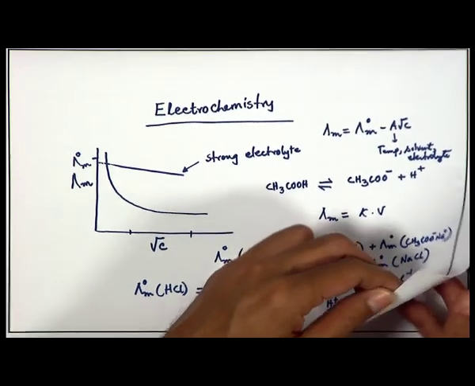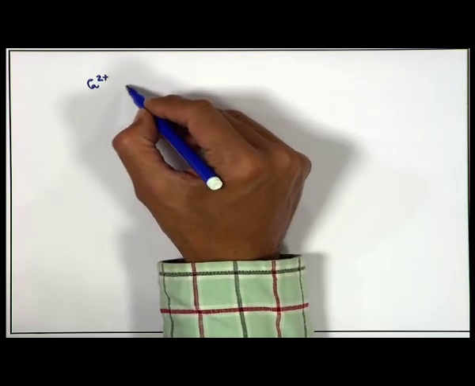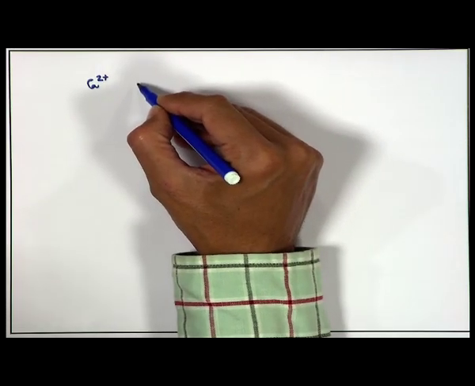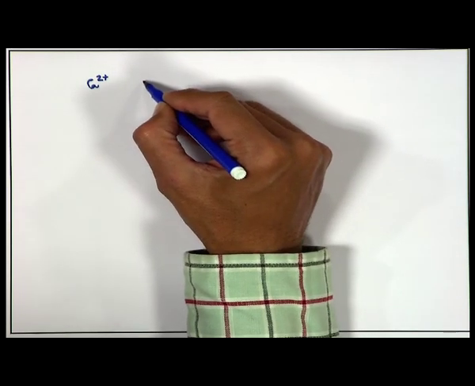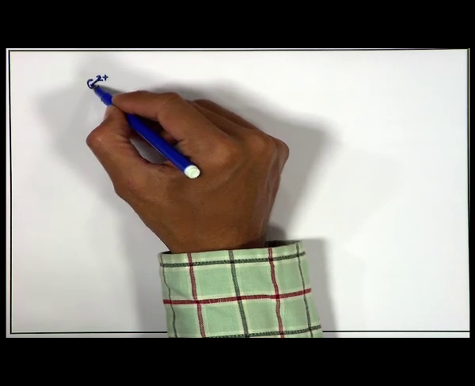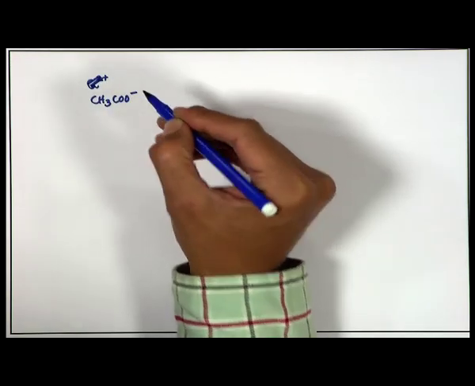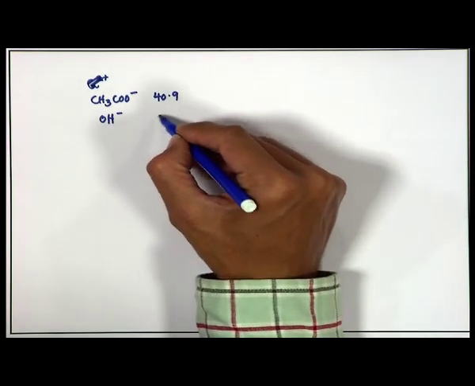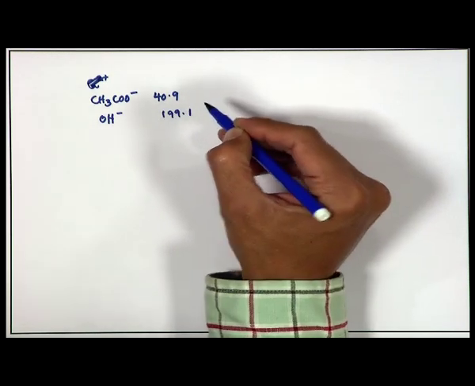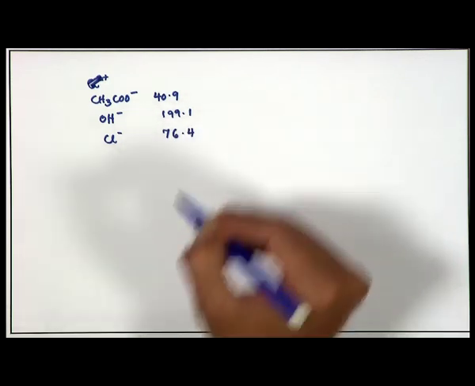In the same way, for other ions, I am writing a few of them, that for example, calcium 2 plus, it is 119. For CH3COO minus, its value is 40.9, then OH minus, its value is 199.1, then Cl minus, it is 76.4, and so on.